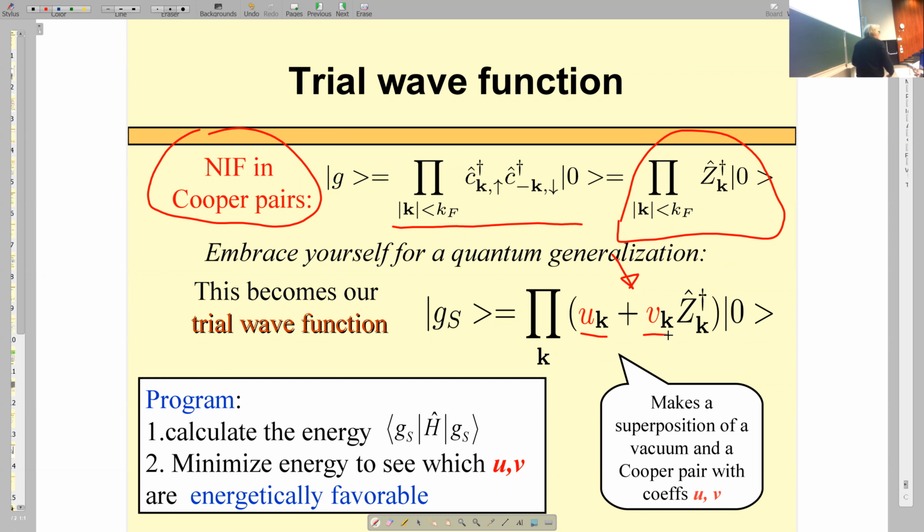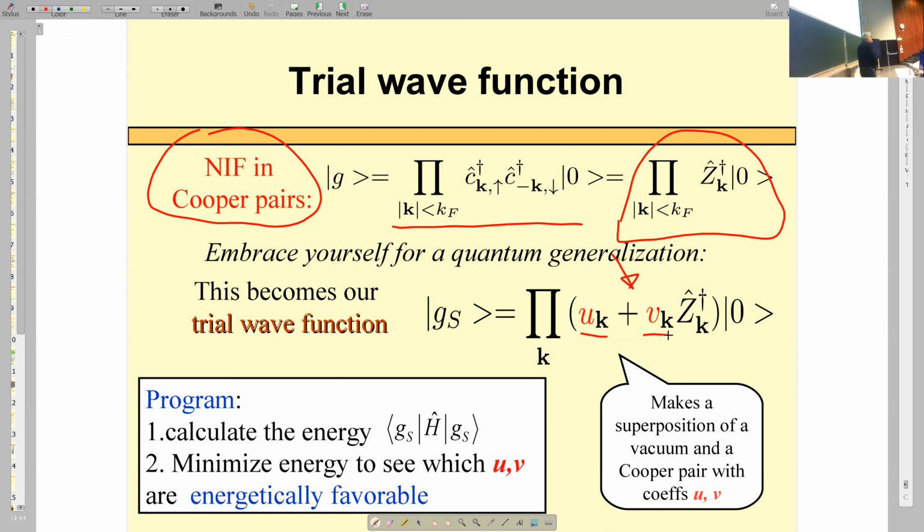And those are parameters of this wave function. So if you wish, it's a generalization of the ground state of a non-interacting Fermi gas. They just made it fully quantum mechanical, allowing for superpositions of two possibilities. Fine. That was eventually the hunch of Bardeen-Cooper-Schrieffer.